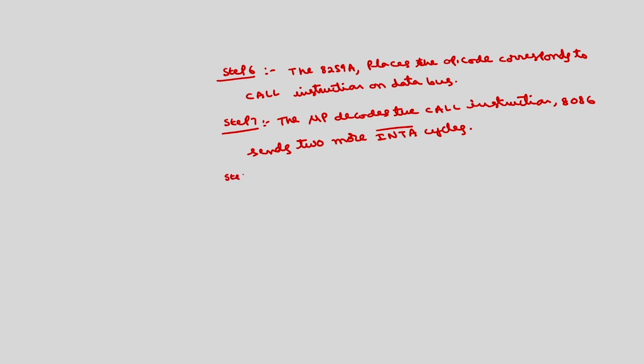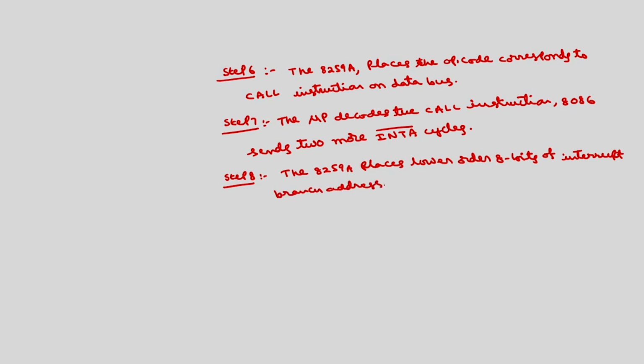So, in the next step, the 8259A places the lower order 8 bits of the call address, or you can call it the interrupt branch address, on the data bus. Then it places the higher order 8 bits during the third cycle.